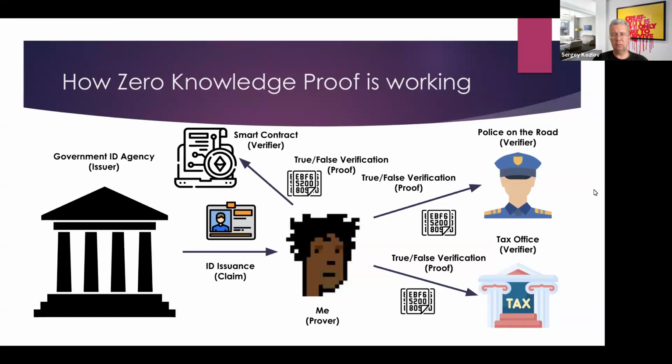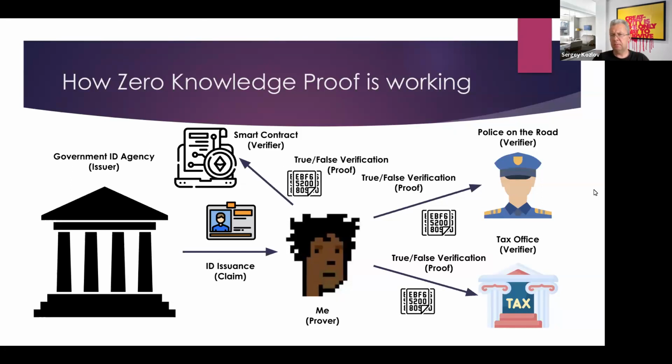And how does it work? A policeman stops us. For example, we have our zero-knowledge proof wallet on our mobile phone, and he or she says, let's verify that you have, just true or false, the driving license. We issue the proof that yes, we have it, with this category for a simple car.